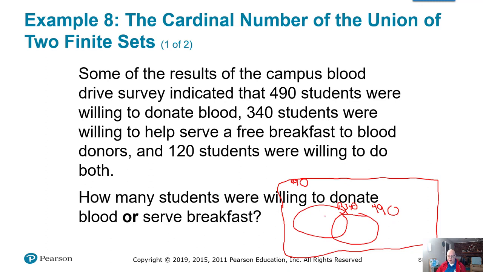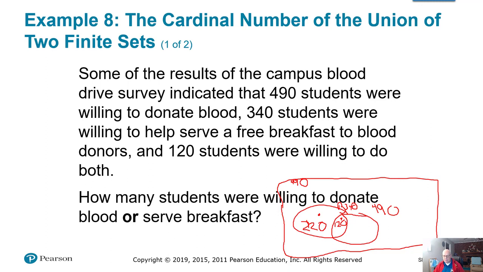So the first thing you ought to do is fill in these blanks. 340 students are in here, which includes this area and this area. 120 students would do both, so you've got 120 just in here, which means how many were in this space right here? Well, 340 is this space plus this space, which means we have 220.